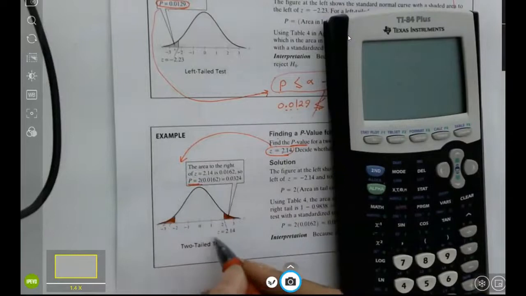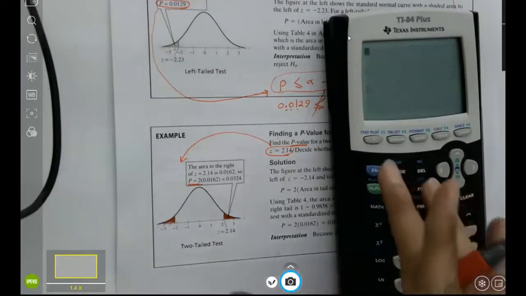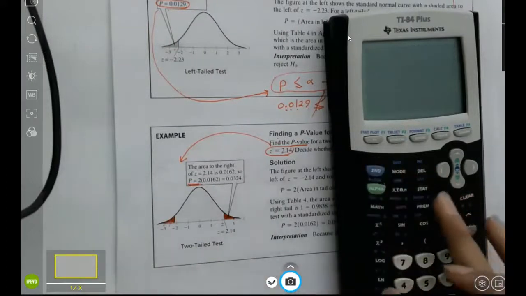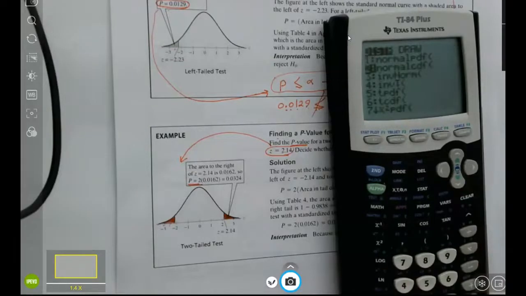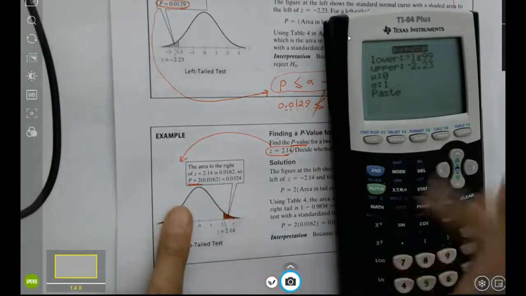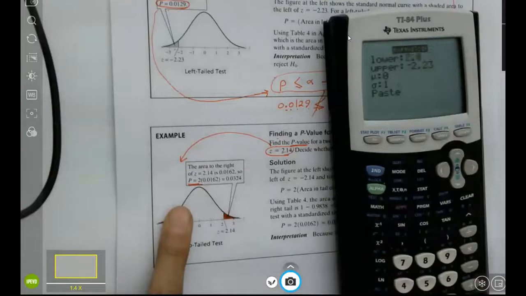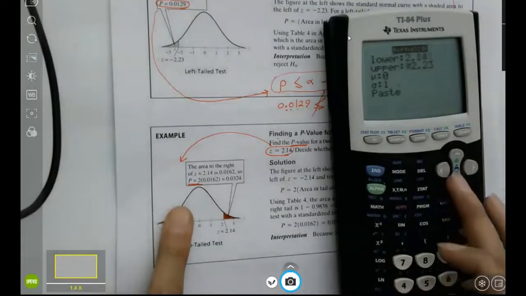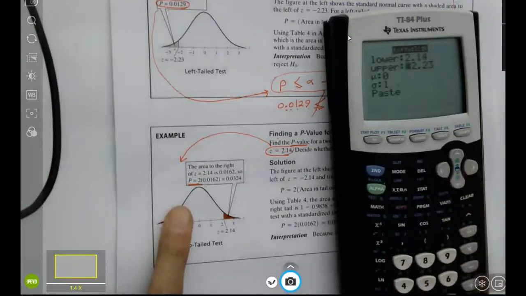Since I have z equals 2.14, turn on your calculator. Second, vars, normal CDF, z is 2.14 and up. So your lower limit is 2.14. The upper limit, you can use any positive number.